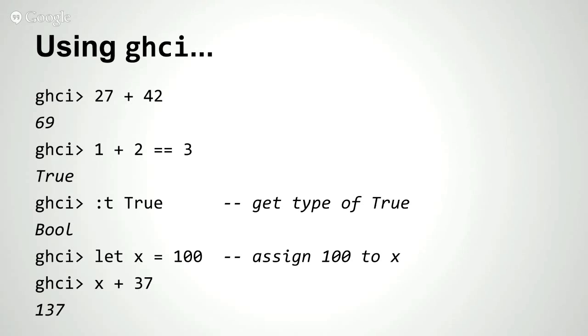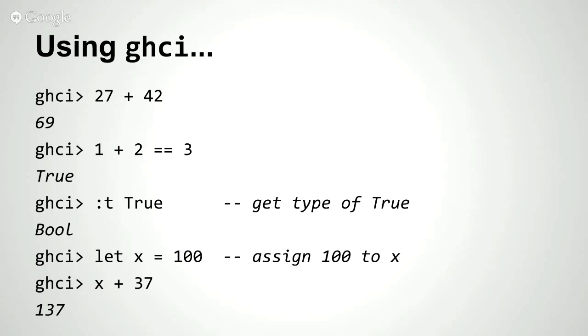All right, so using GHCi, and those of you who have it up can see this. Up top, we're using it as a calculator. First thing you do with a REPL, 27 plus 42, 69. The double equals on the second item is the comparison operator, one of them. We have the :t for true.